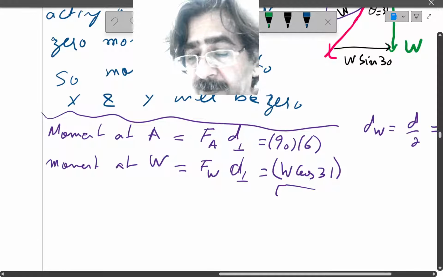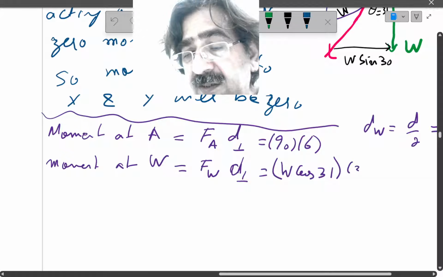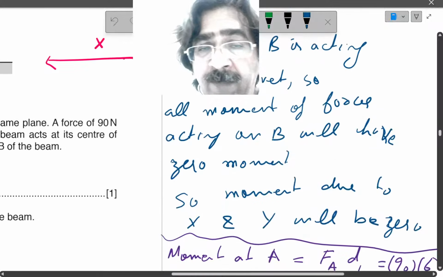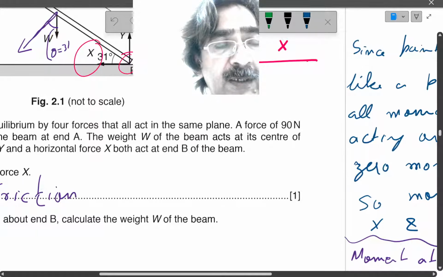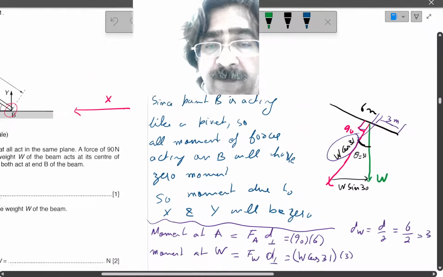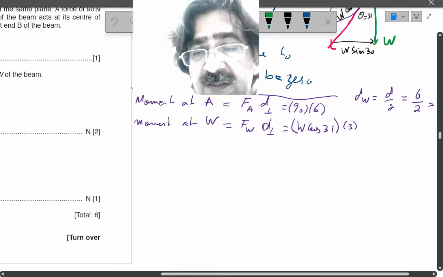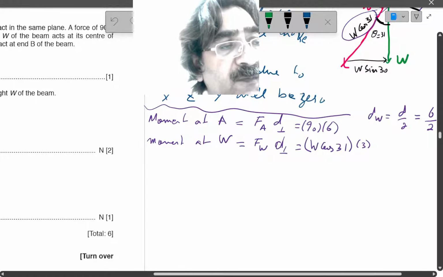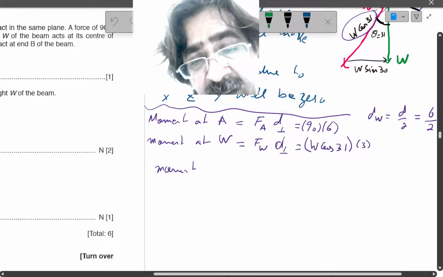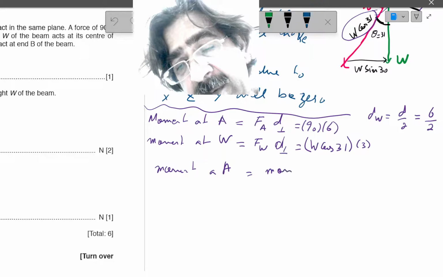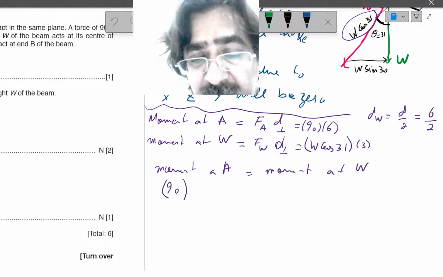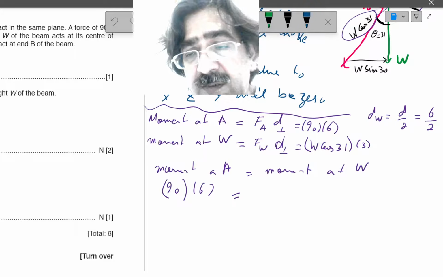So here we must multiply by 3. Both moments will be equal, so the moment at A will be equal to the moment at W: 90 multiplied by 6 equals W cos 31 multiplied by 3.